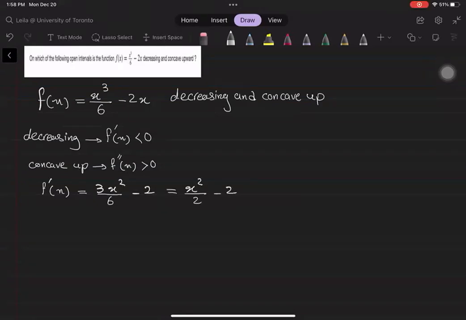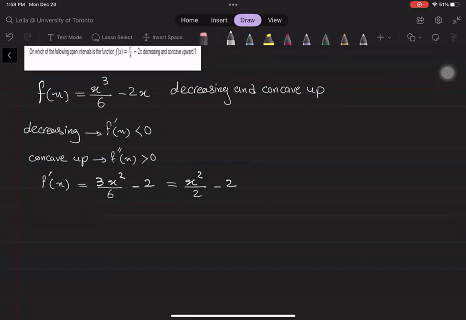And then first you want to find the intervals which make this negative. So first you want to find the roots, so you set it equal to 0.